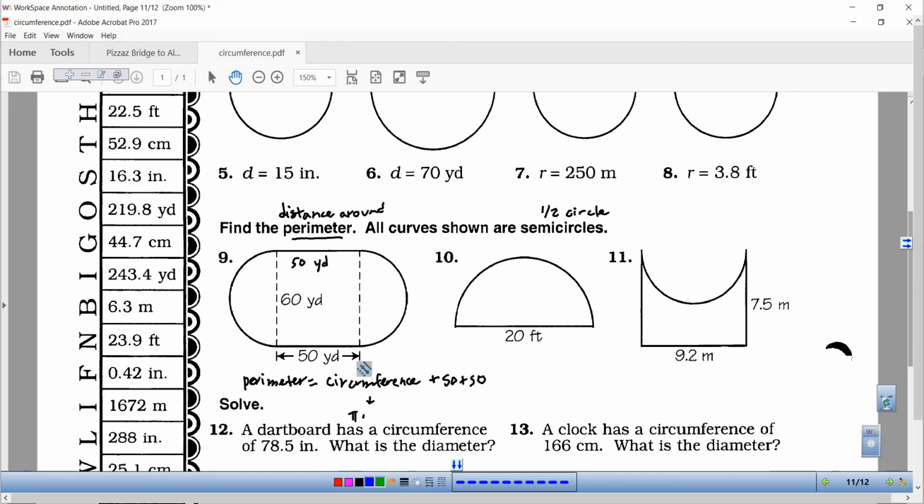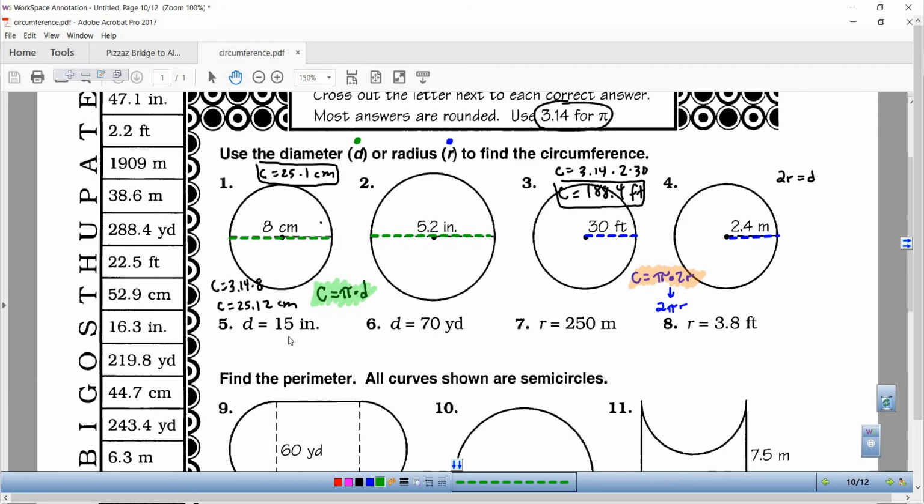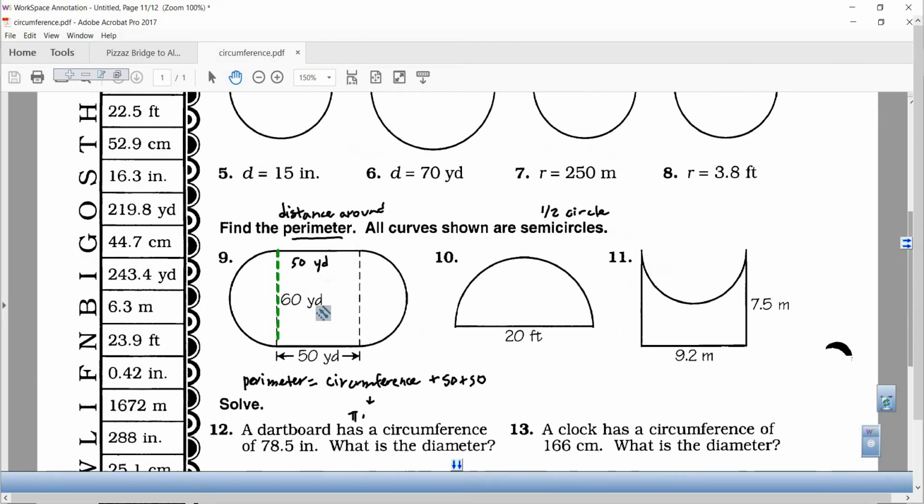Again, what color did I use for the diameter? I used green, didn't I? All right, please tell me I used green. I did. So the diameter is 60. So for this problem, we're going to do pi times 60 plus 50 plus 50. I'm going to let you go ahead and do that on your own.